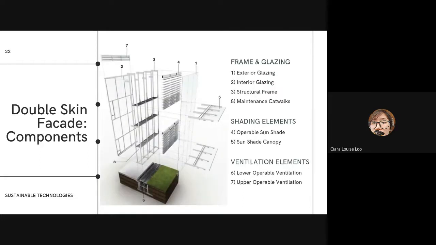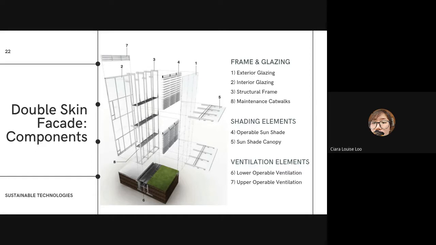So this is how the double skin facade looks like when you break it down. So the first one is the exterior glazing. This one's like the low E glass, and then number two is the interior glazing. So this is what the people inside the building can see, and then the third is the structural frame, which holds the two glazings together, and then number eight is the maintenance catwalk.